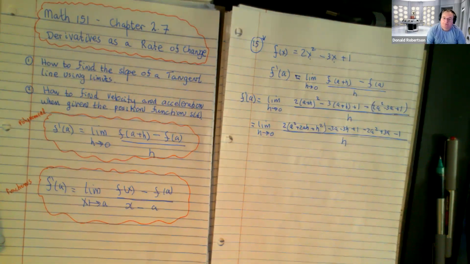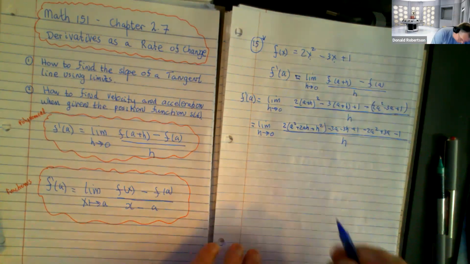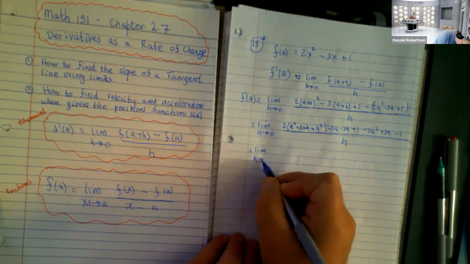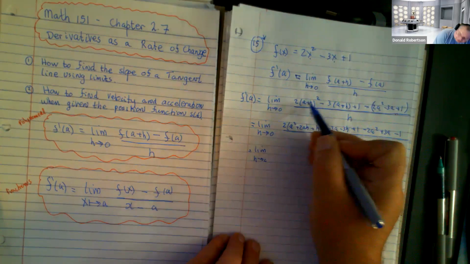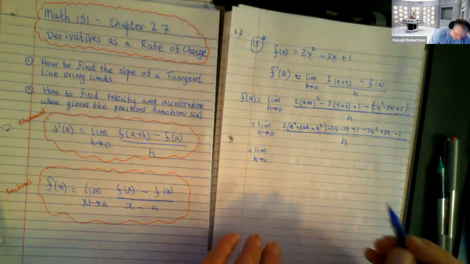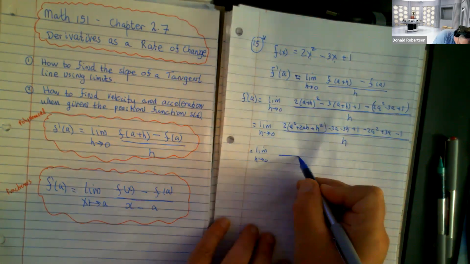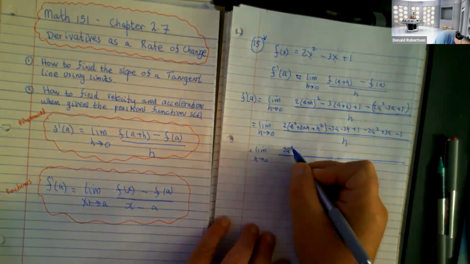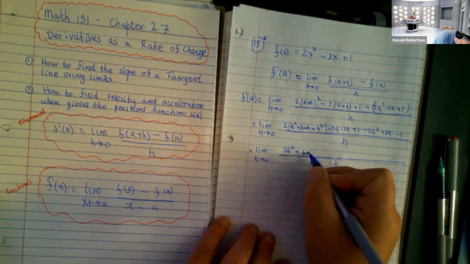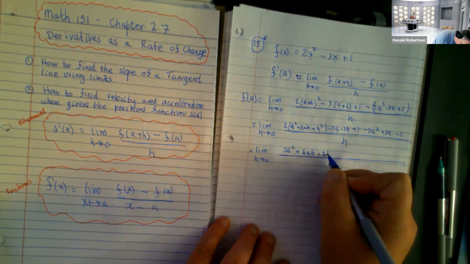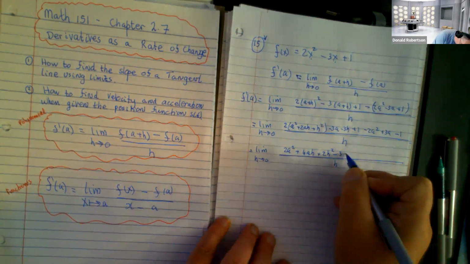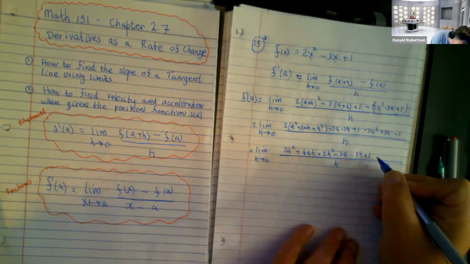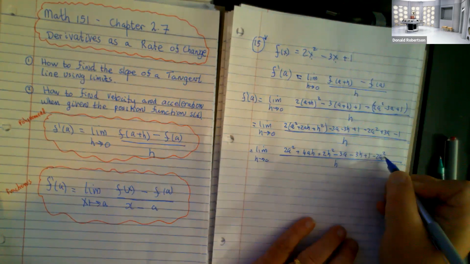So far, so good. Right. If I'd thought ahead, which I didn't, I shouldn't have doubled this while I was foiling it. But since I forgot to do that, I'm going to have to do it in this line. So it's 2a squared, 4ah's, 2h squareds, minus a 3a, minus a 3h, plus a 1, and all this other stuff.